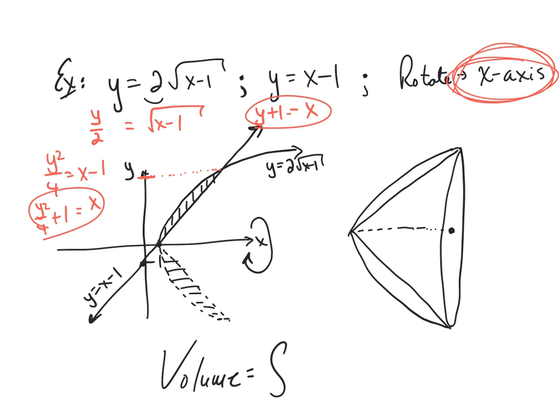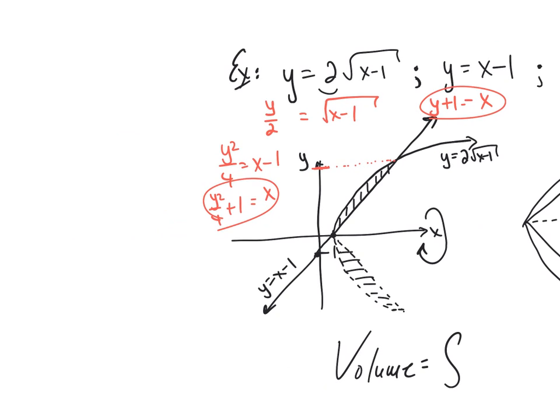And now I'm going to slide off the side of the screen here so that I can figure out where this value of x is going to be equal to this value of x.